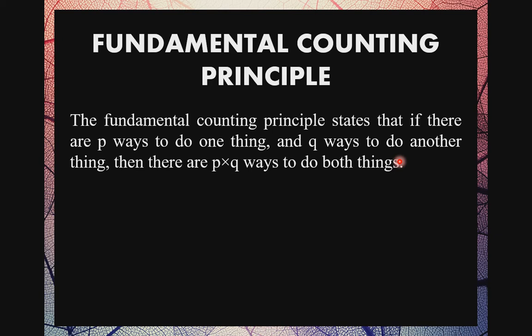So this fundamental counting principle is saying that to find the total number of ways of doing a combination or series of events, we just multiply the possible outcomes per event.